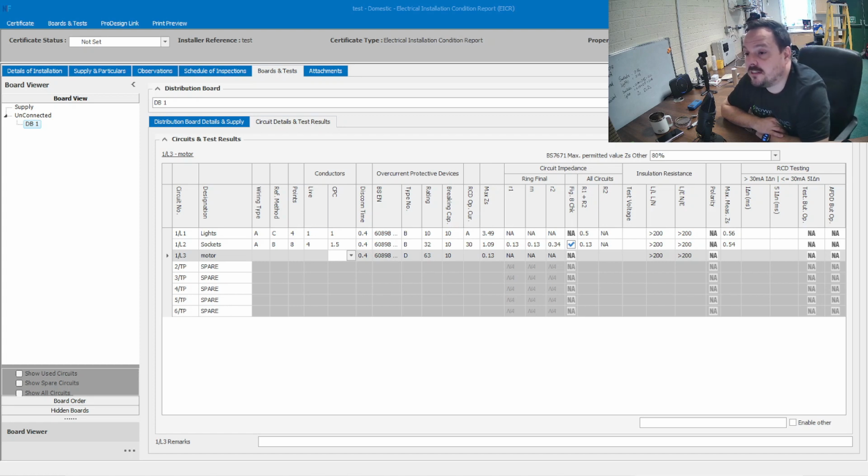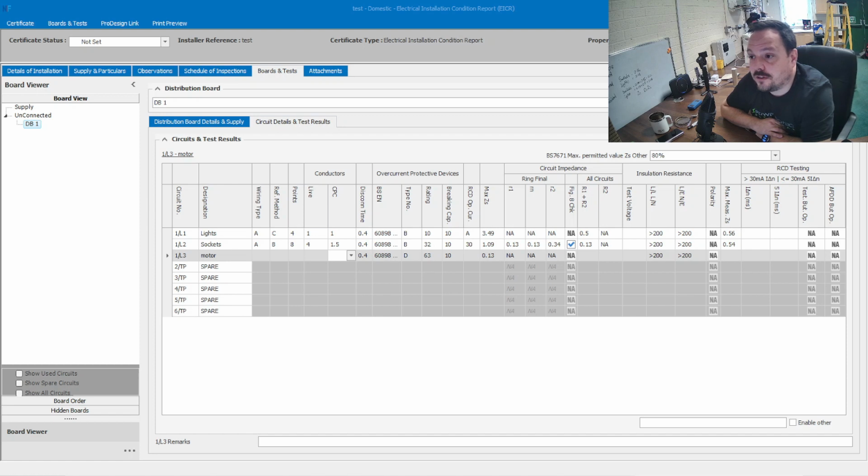But when we've gone and taken a ZS measurement, because of fortuitous parallel paths, if I can get those words out, the circuit still complied. It would still operate in the event of a fault, and the duty holder can then make a decision if they think they want to be doing remedial work or not because of that, and you can code accordingly within your report.